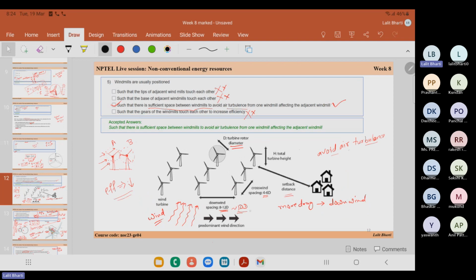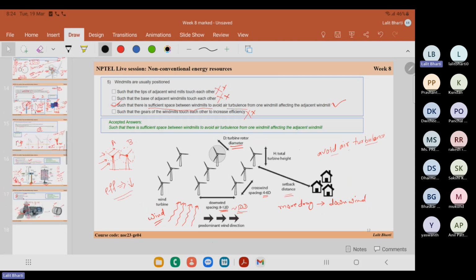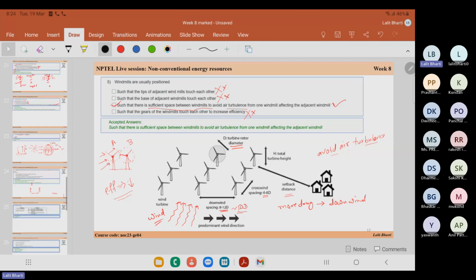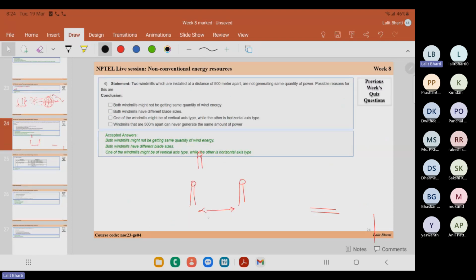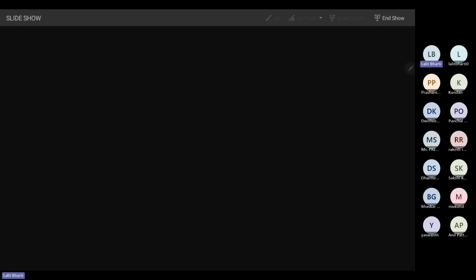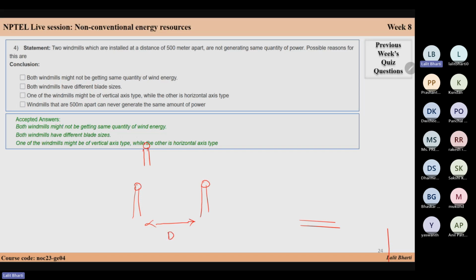Your downwind should be around 10D, and your crosswind should be around 5D, where D is the diameter of the rotor.